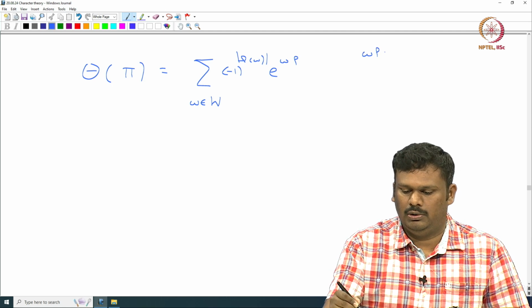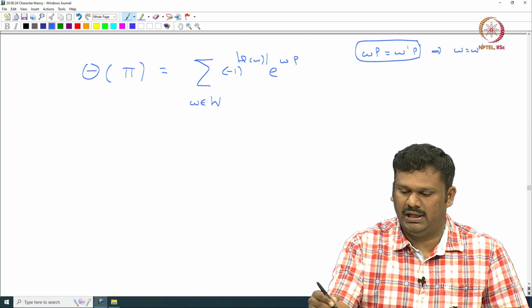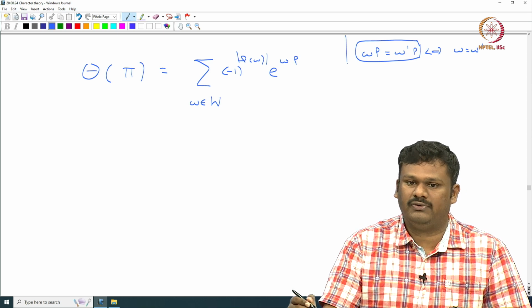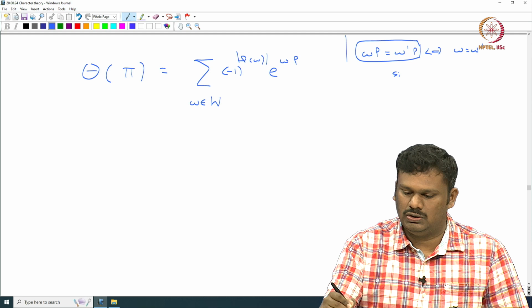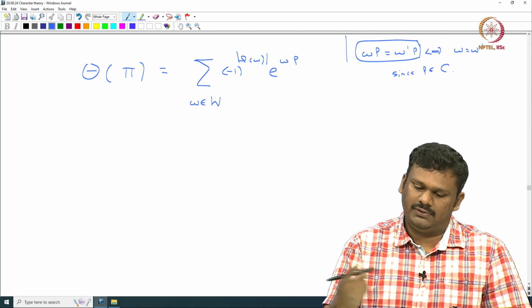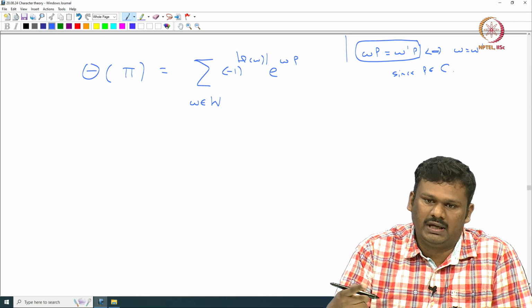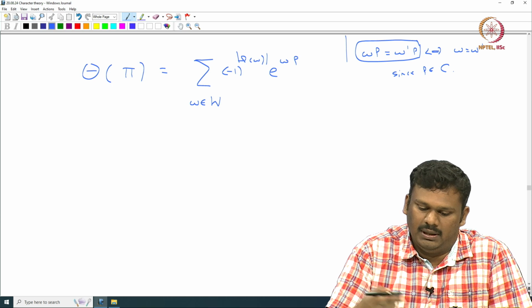Okay. It is if and only if, because rho comes from the Weyl chamber or the fundamental chamber. So, since rho comes from C, for different W's you will get different omega of W. So, you can index using that capital W, all the omega of W, no issue.